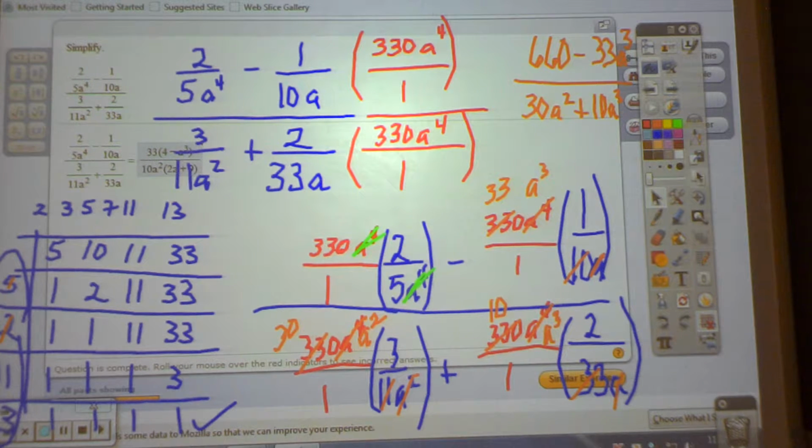All right, let me just start over. 330, that'd be 660 divided by 5, right? That's where I messed up. Somebody do 660 divided by 5. What does that come out to be? 132. All right, y'all check. 132.